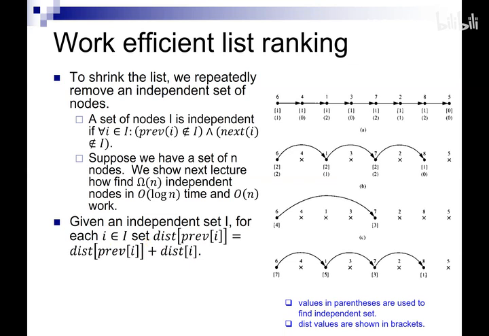As an example, suppose you start with this list over here. We're going to look at these values in the square brackets. Let's ignore these values in the parentheses. Those are actually used to compute the independent set, and we're going to see how to do that next lecture.